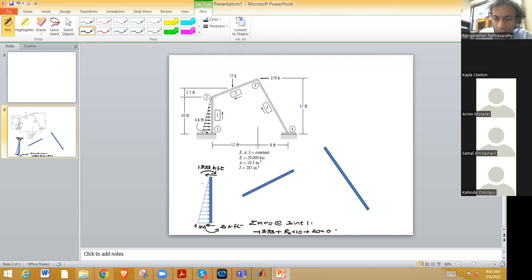Yes, this is okay. So this means R2 is 0.67667.